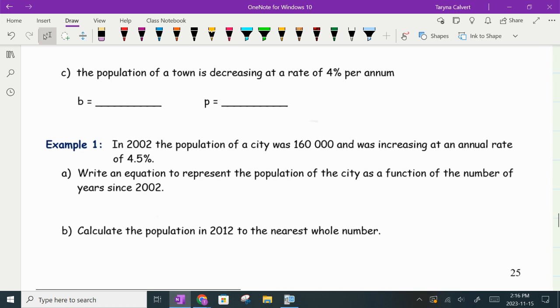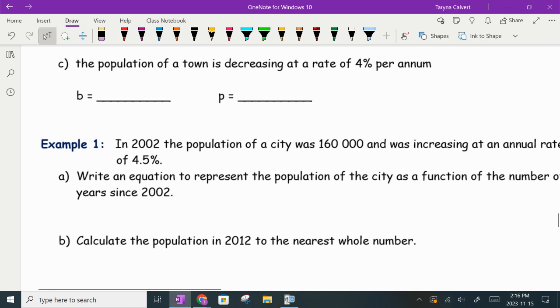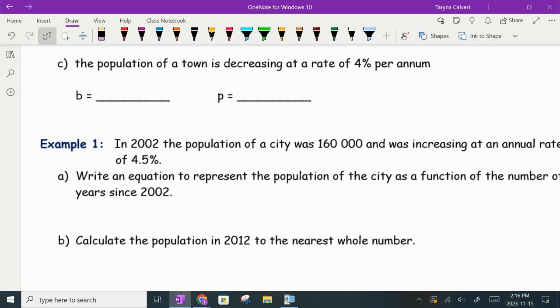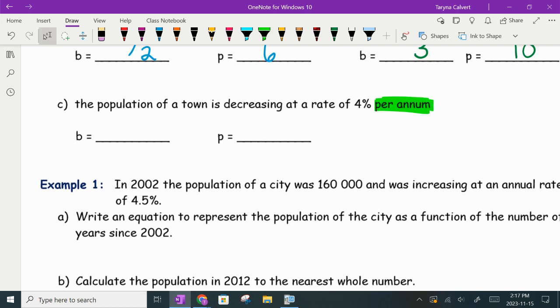The population of a town is decreasing at a rate of 4% per annum. Have you heard this terminology before, per annum? Per annum just means annual, which means per year. So maybe put that in there.